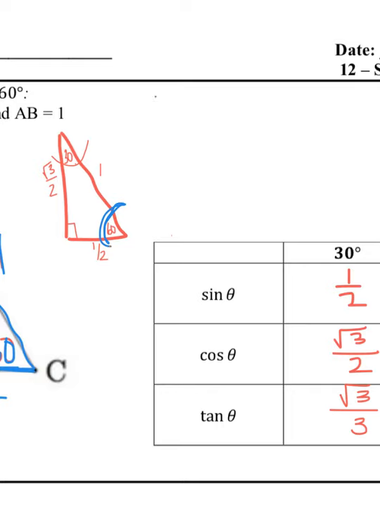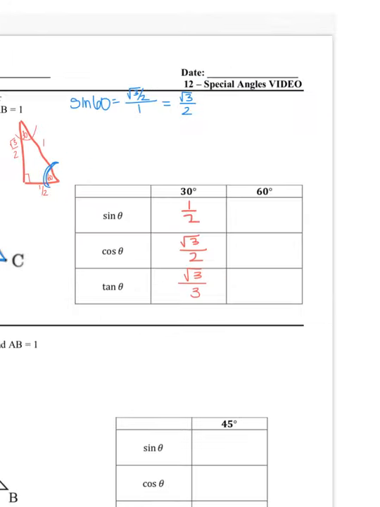So we're going to do sine of 60. Sine is opposite over hypotenuse. The side that's opposite the 60 degrees is the square root of 3 over 2. Divided by the hypotenuse is still 1. Anything divided by 1 is itself. So the sine of 60 degrees is the square root of 3 over 2.